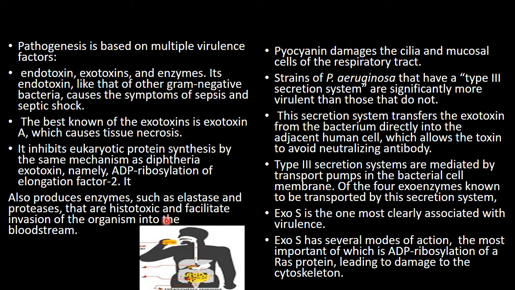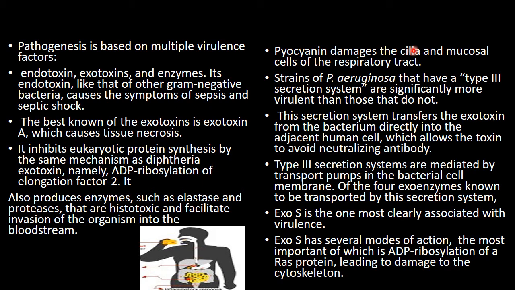It also produces enzymes such as elastase and proteases. These enzymes are histotoxic. They cause toxicity of the tissue and help the organism go to the bloodstream. Pyocyanin actually damages the cilia and mucosal cells of the respiratory tract. You know that cilia and mucosa are also considered a first line of defense.